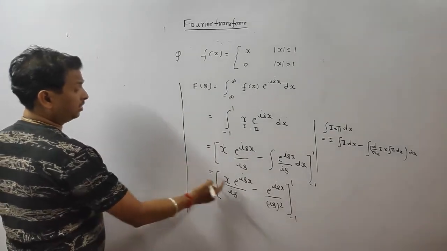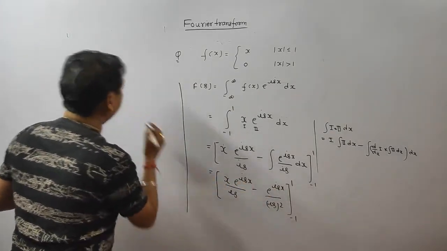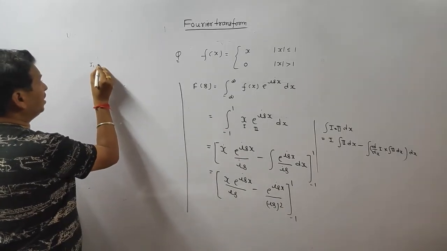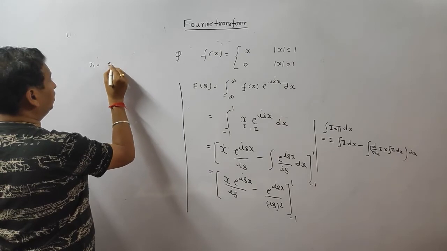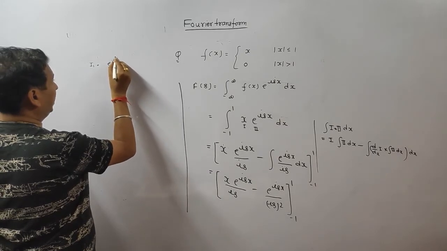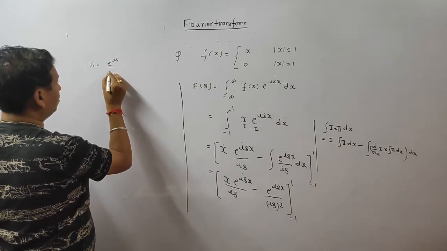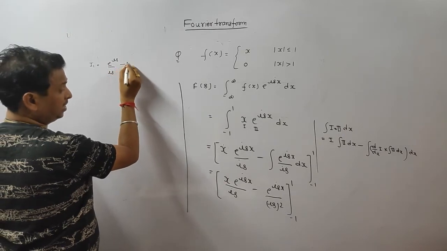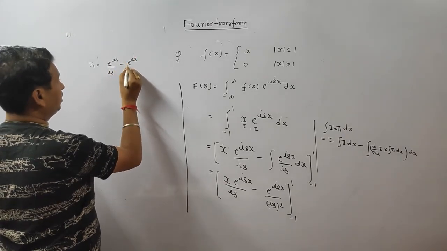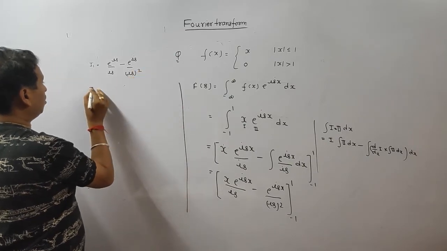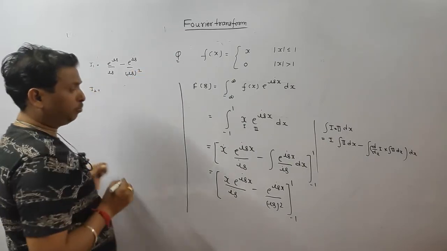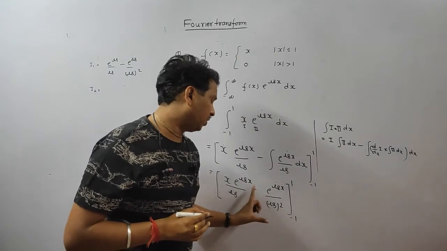So when x value is 1, what is the limit? We put it as I1. I1 is what? e to the power iota s upon iota s minus e to the power iota s upon iota s whole square. Now I2. I2 means when we put the limit -1, what is the value?